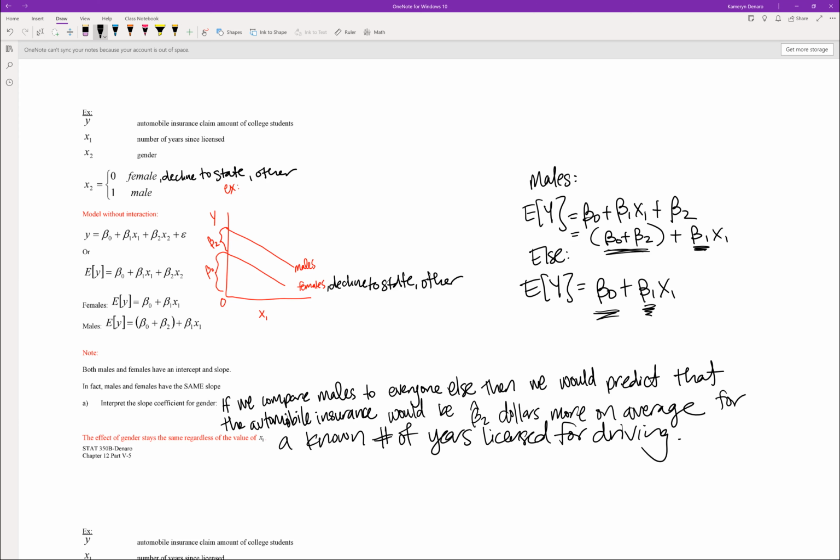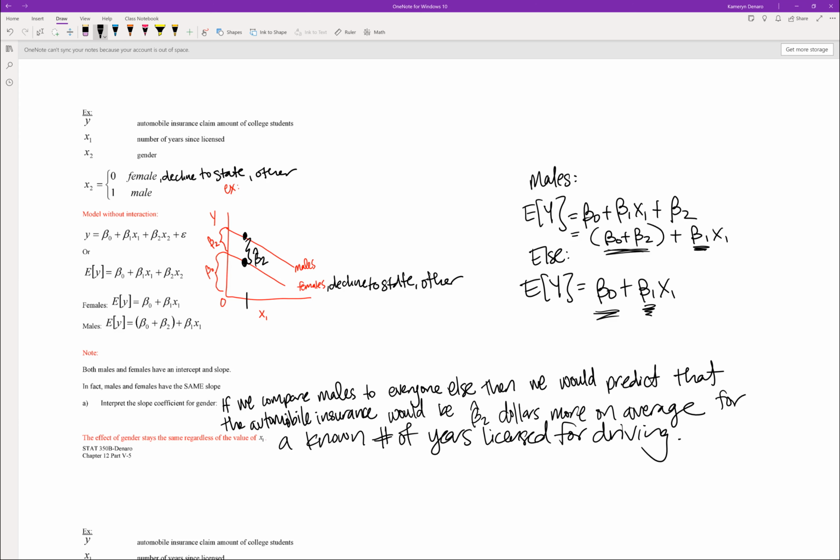So what does this mean? If we compare these two groups of people and hold the number of years licensed constant, at a particular number of years, then the distance between males and everyone else is going to be a beta hat 2 difference.